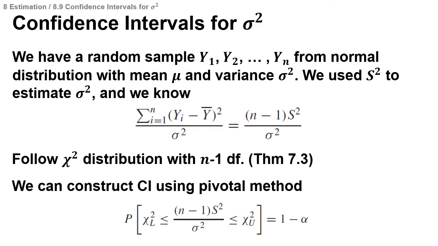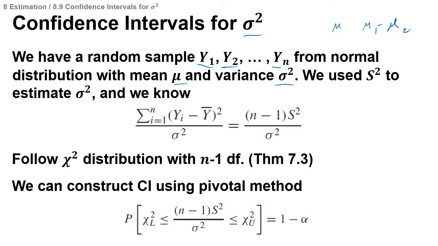Next, chapter 8.9 is confidence intervals for sigma square. Previously we learned how we can derive confidence intervals for mu or mu1 minus mu2. The next interesting thing would be the confidence interval for sigma square. So for the assumptions, we have a random sample y1, y2, up to yn from a normal distribution with mean mu and variance sigma square.